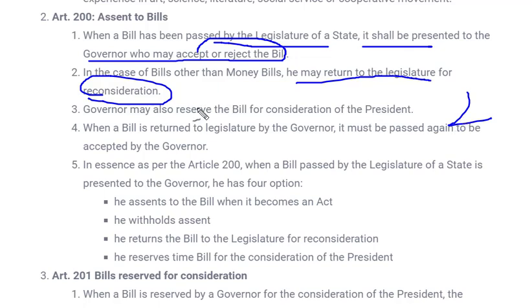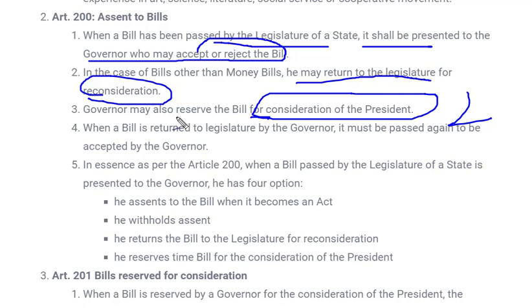But the president could not return the money bill for reconsideration, whereas here the governor can return the bill to the legislature for reconsideration. And the third option a governor has is that he can reserve the bill for consideration of the president.